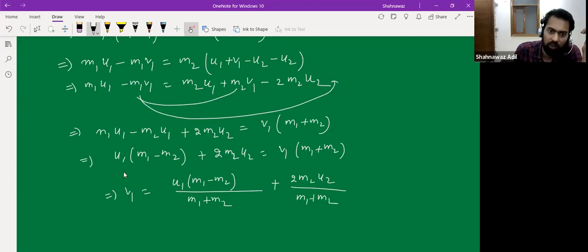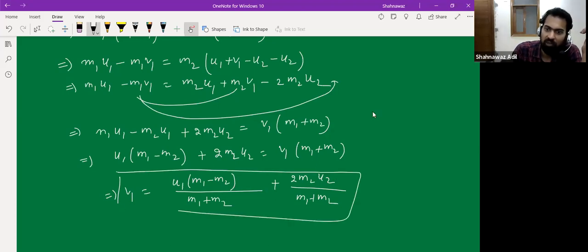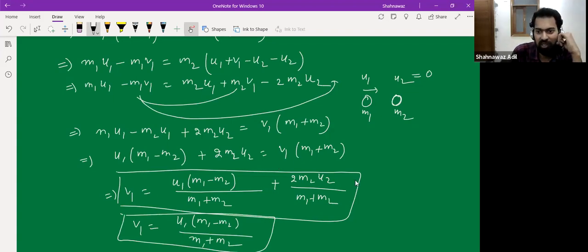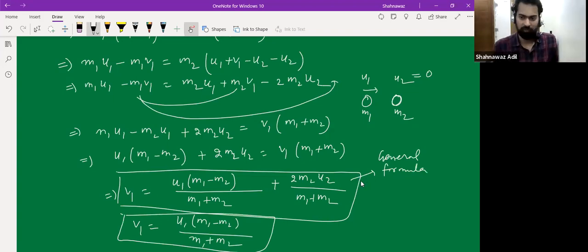Right. We considered that both the masses were moving. So let's say if this was stationary, so u2 was 0. So v1 would have been u1 (m1 minus m2) by (m1 plus m2). So this is the general formula for v1, and you can calculate for v2 also.